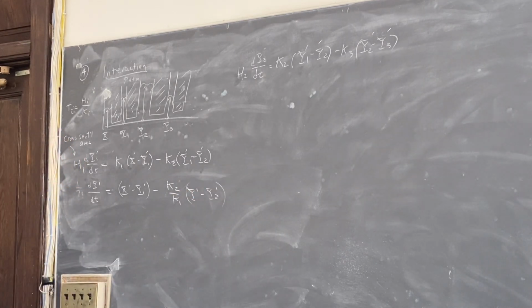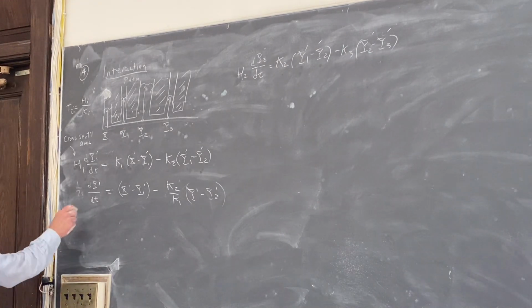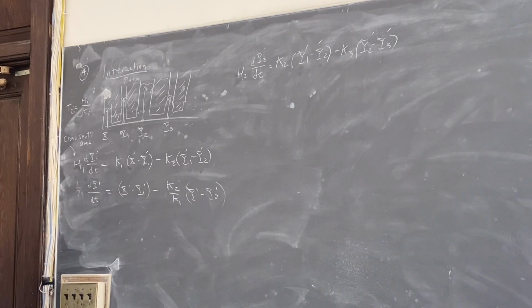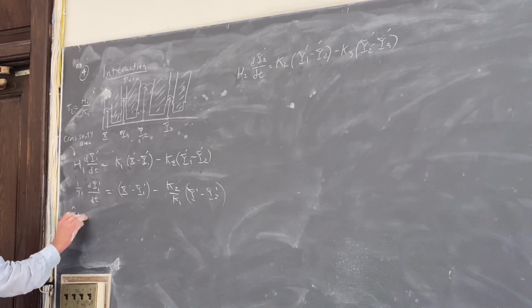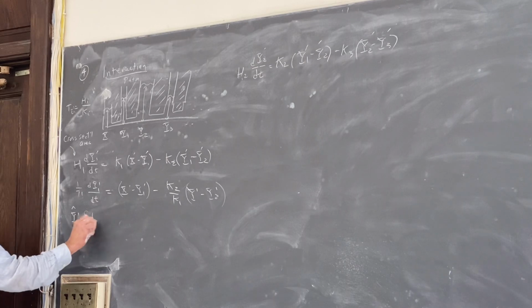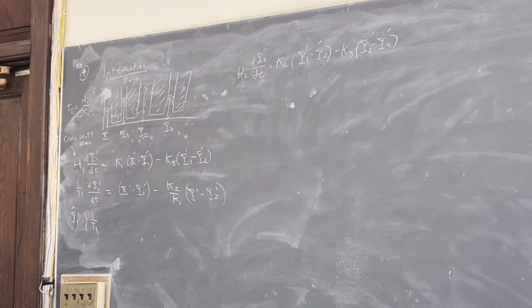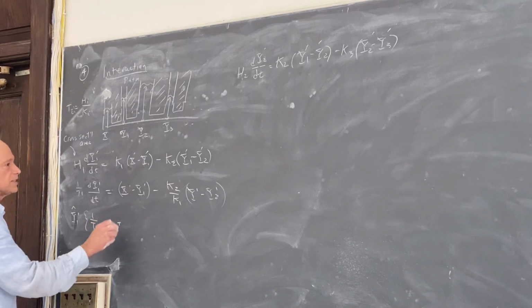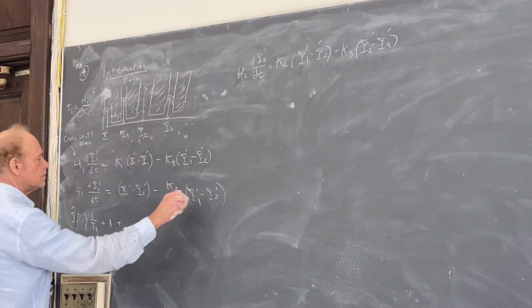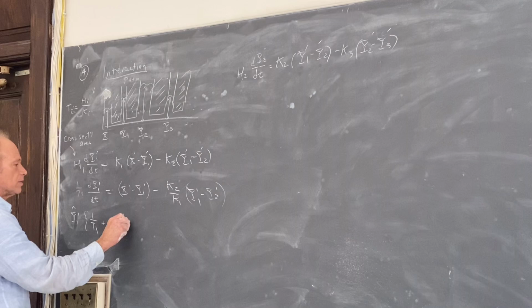So all I did now is divide by k1. Now I'm going to take a Laplace transform, and I'm going to move all the y1 stuff to the other side of the equation. So I'm going to have a y1 prime tilde times 1 over t1 plus 1 from here plus k2 over k1.